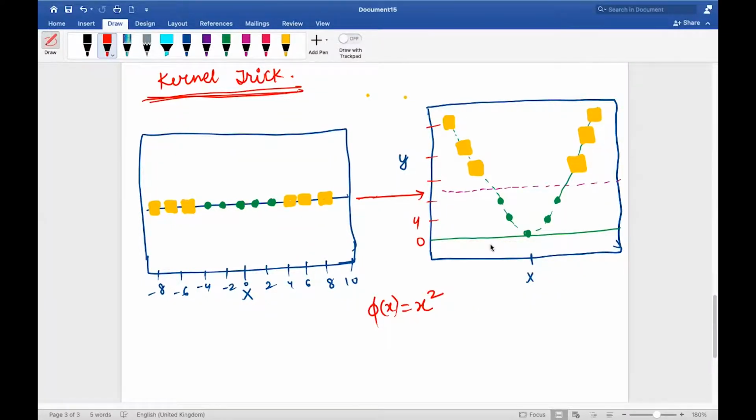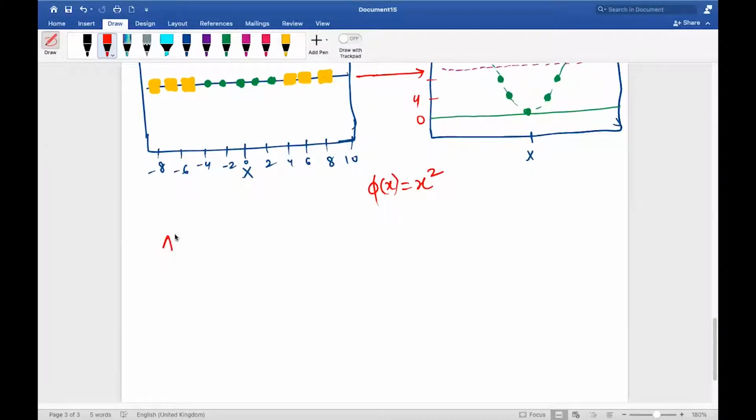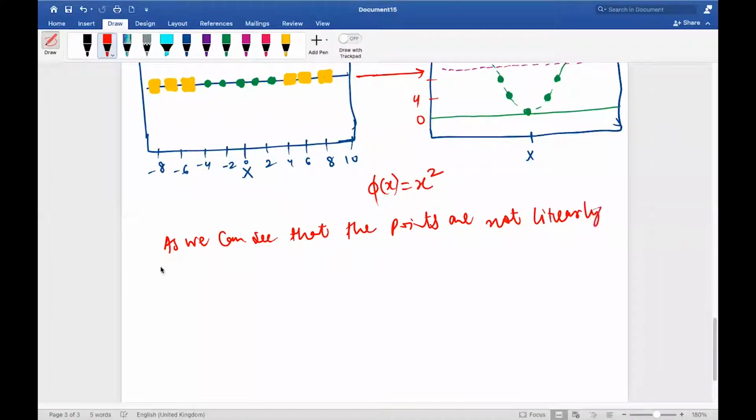Yes. So can I write that, before that, let me write that we can see that the points are not linearly separable in one dimension, right?